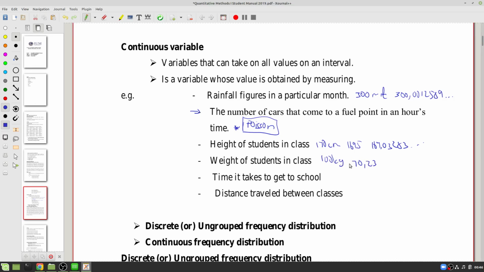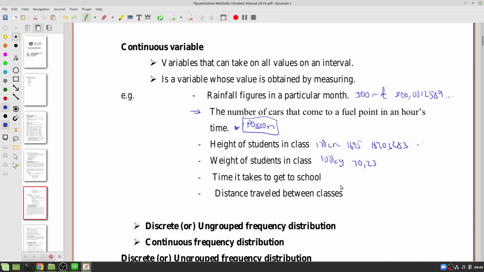You can have any value. The time it takes to get to school, time is also a thing you can measure, like number of seconds or number of hours, and distance, also another thing you can measure. So height, weight, time, distance, rainfall figures, all those things you can measure, and they don't have to be an exact value or any of a set of specific values. They could be anything in between.